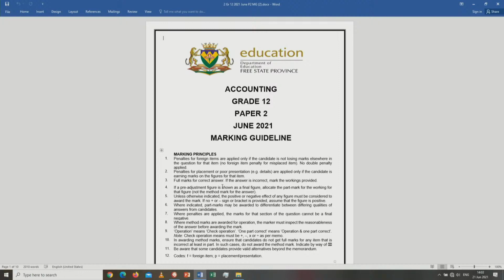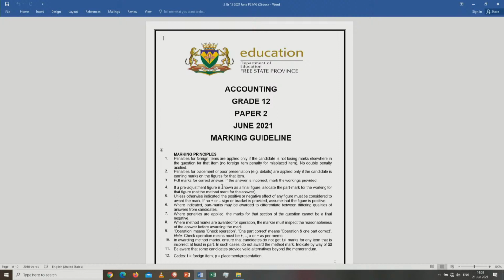Where indicated, part marks may be awarded to differentiate between differing qualities of answers from candidates. Where penalties are applied, the marks for that section of the question cannot be a final negative. So we don't do negative marking in accounting, right?